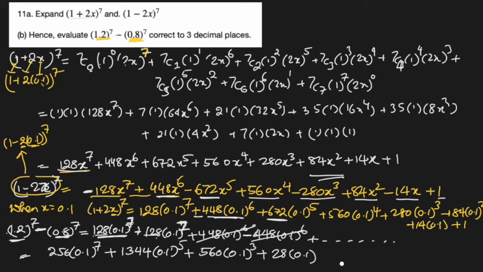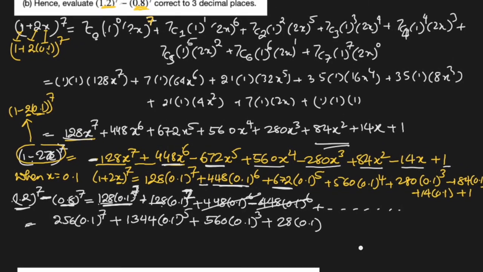So what will be the value of this one? This is 0.1 to the power 7, so after the decimal there will be 7 places. So 0.1, 2, 3, 4, 5, 6 and 2 more. Plus this has to have 5 places, 0.01344, this should have 3 places, 0.560, then 2.8, right?